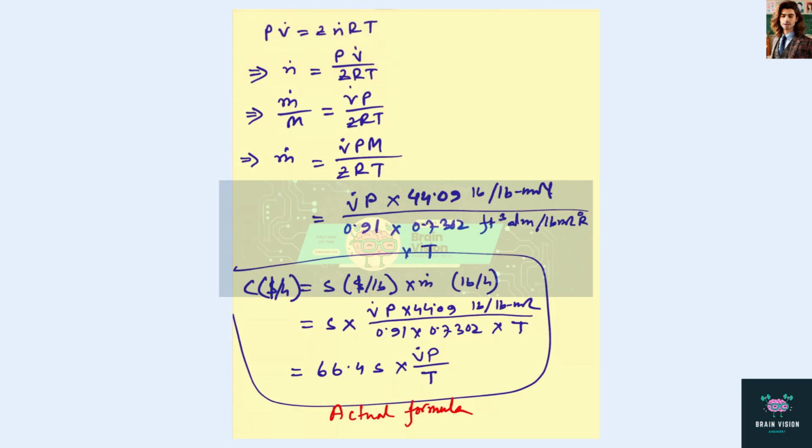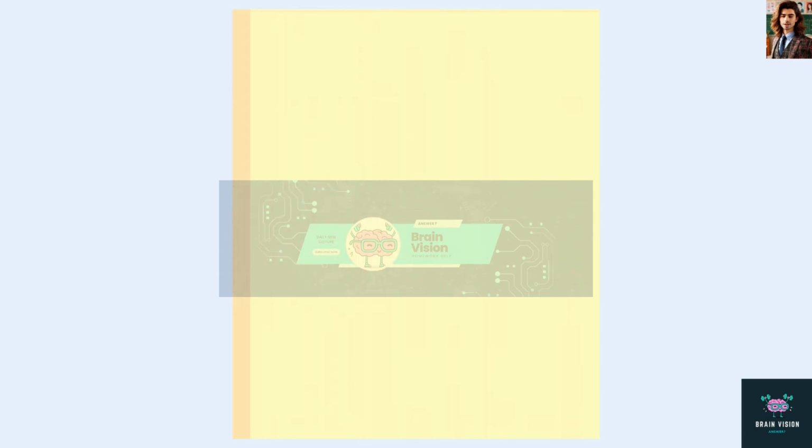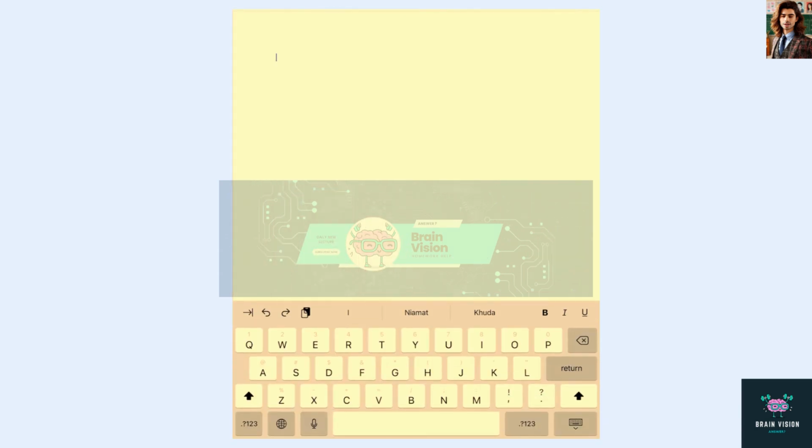Now we should use this actual formula and calculate what is the charge.